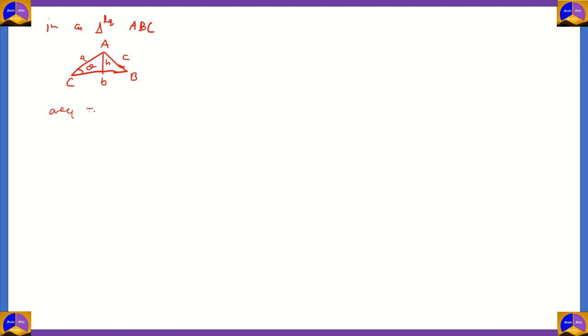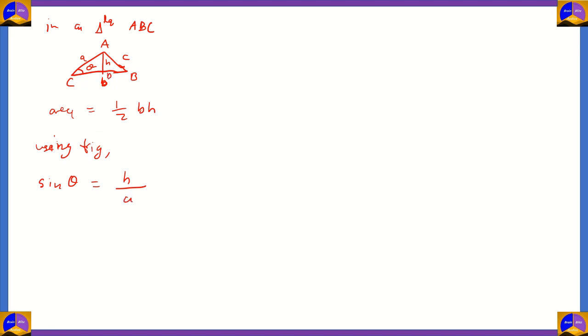Now, the area of this triangle can be taken as half base times height, and the base here is b. Now, when we use trigonometry, we can see that sine of the angle theta would be equal to the opposite side of the angle, that's h, divided by the hypotenuse of the triangle, which in this case is a.